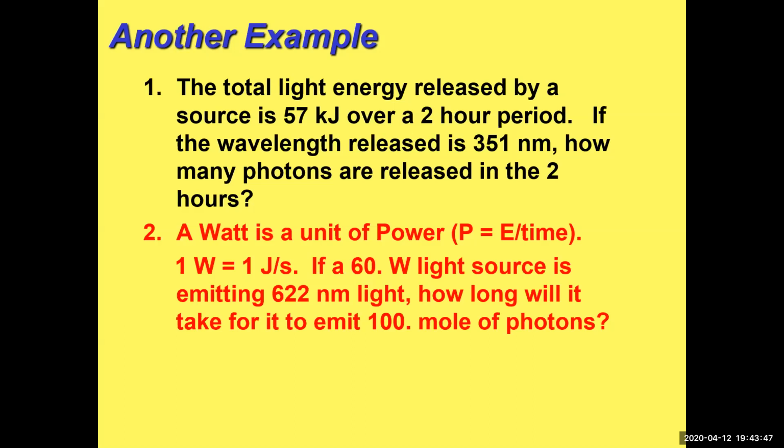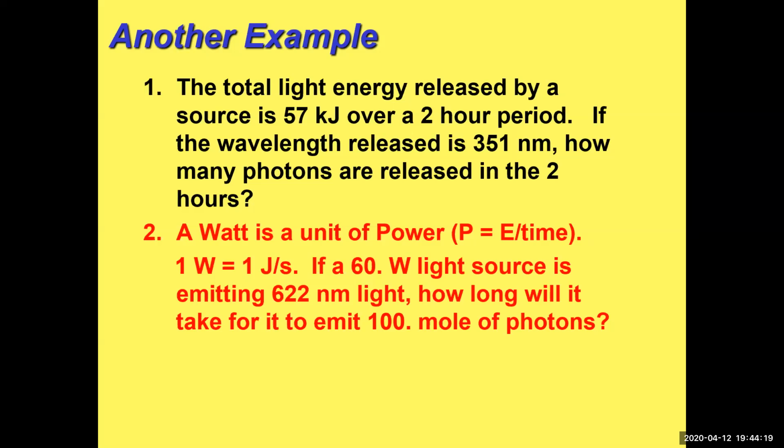That doesn't mean it's putting out 60 joules of light energy per second, because you probably realize if you go to touch a light bulb, it gets hot. So the energy it's consuming, only part of it's going to light, and a lot of it's going to heat. Depending on what type of light it is, could be as little as only 10% is getting to light and the rest is going to heat. So this is not the most realistic problem, because we're assuming that it's all just becoming light.